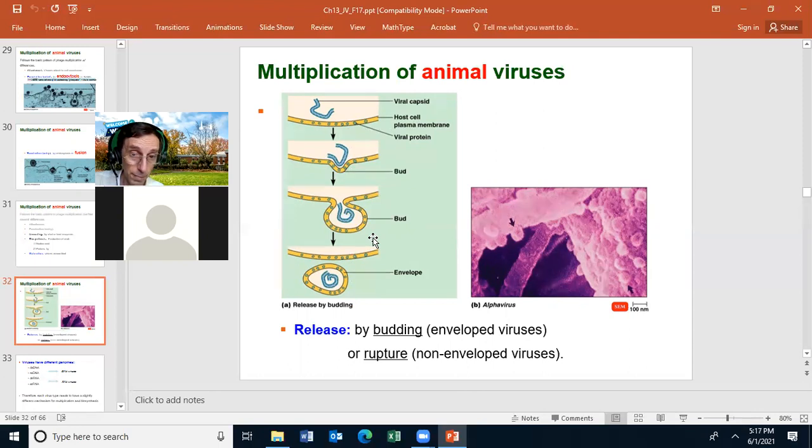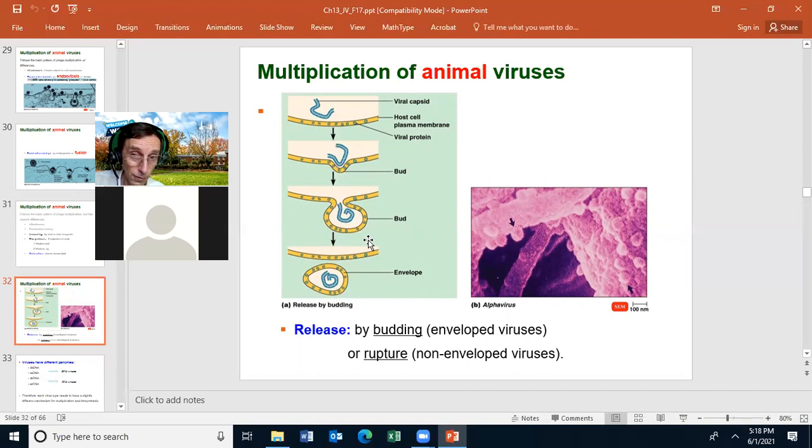Any question about budding viruses? Remember, when a budding virus replicates, it's doing so at usually low numbers, and so the virus is shed from the cell at low numbers, and the cell can survive the loss of this little bit of membrane.